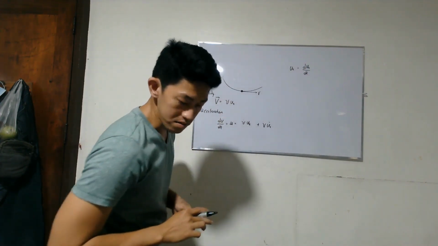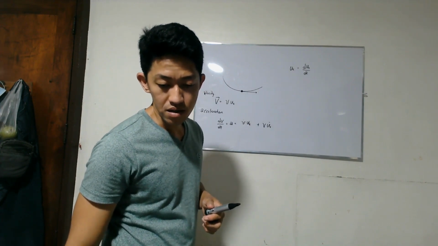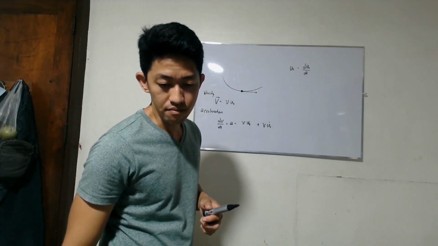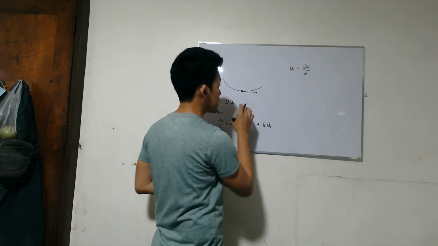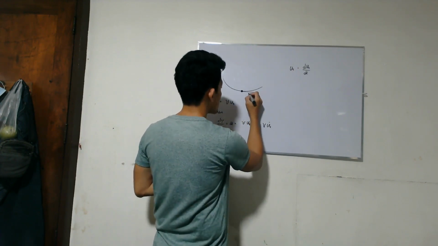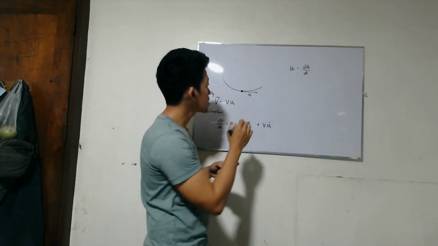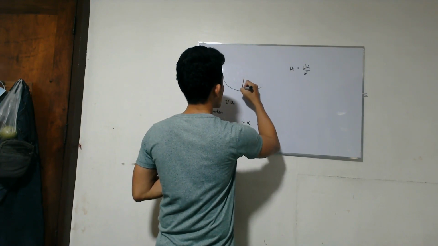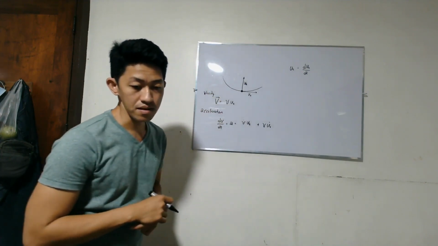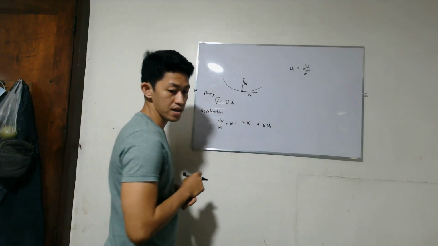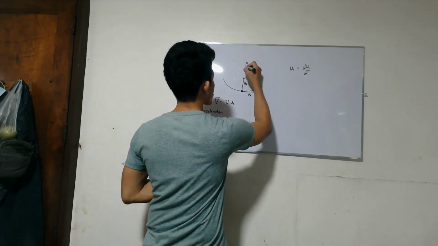Looking at the figure in your book, if this is the initial position of the particle, you have this u sub t, and this is your u sub n. Again, this is the radius of curvature.